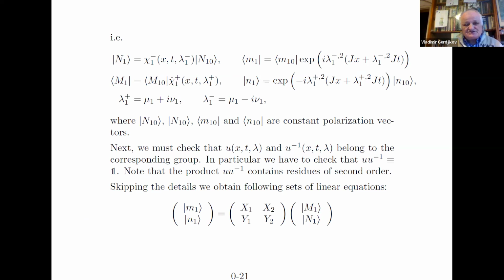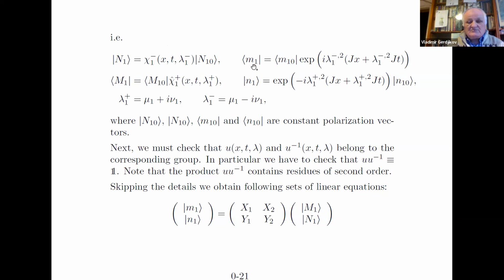The solution is not difficult because we have taken residues of rank 1. Actually, in order that our solution for the dressing factor up there is satisfied identically with respect to lambda, we need that capital N1 be the one soliton solution evaluated at lambda 1 minus, multiplying some constant column.